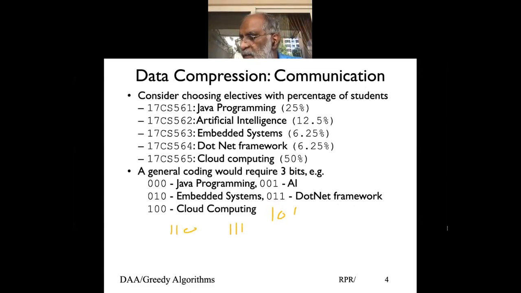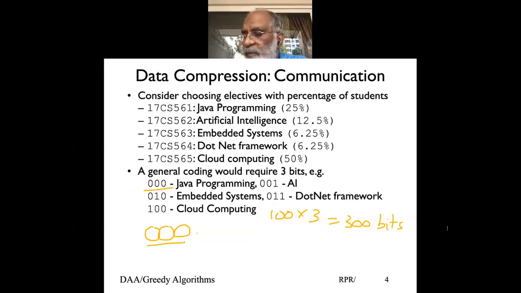Given this, I need to record the choices of, let's say, 100 students. For student number 1 we put the encoding, student number 2 the encoding, student number 3 the respective encoding. So if I have 100 students in total, I would need 100 times 3, because each subject is encoded using 3 bits, and I end up using 300 bits.